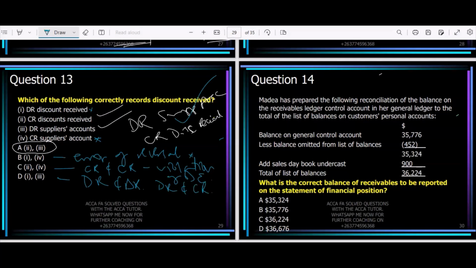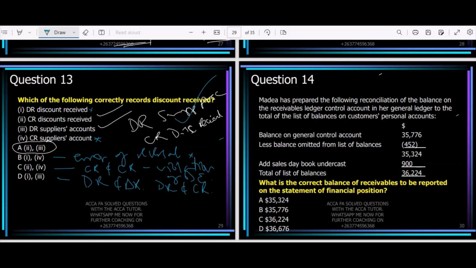Now let us look at question 14. Question 14 is saying Matia has prepared the following reconciliation of the balance on the receivables ledger control account in her general ledger to the total of the list of balances on customers' personal accounts.